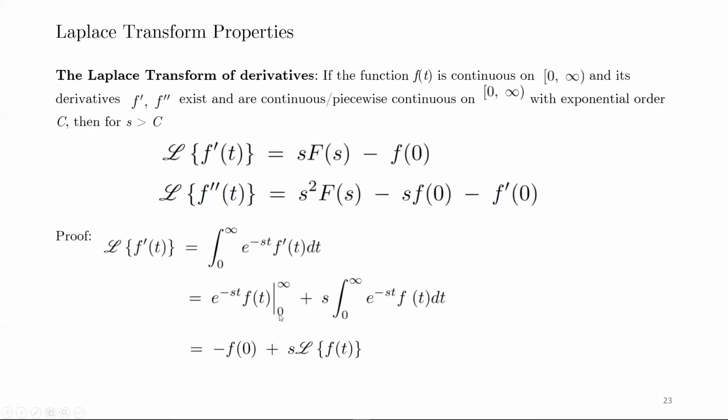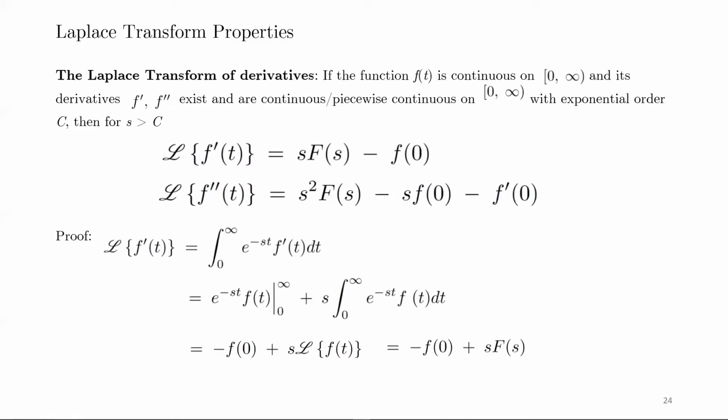So therefore, the Laplace transform of f prime of t is equal to negative the original function f evaluated at 0 plus s times the Laplace transform of that function f of t. Instead of writing this fancy L, the Laplace transform of f of t, I can just write that as capital F of s. So it's a fairly standard, straightforward proof.